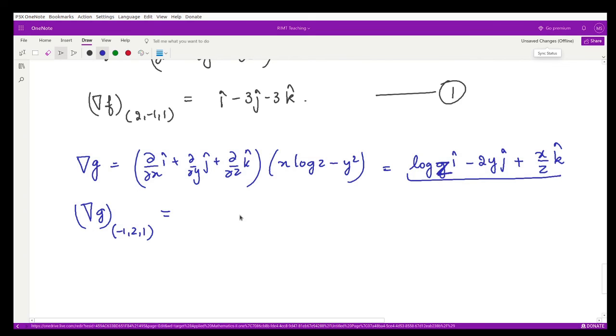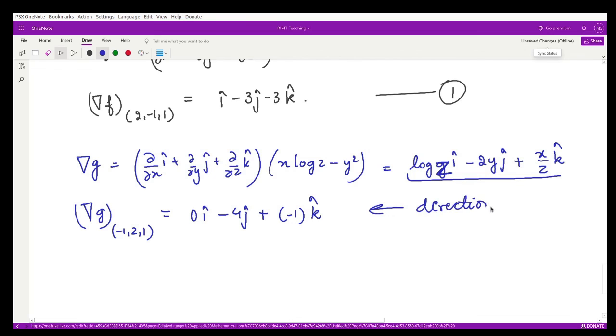So this would be equal to log of 1, that is 0, so 0 i cap, minus 2 into 2, so you have minus 4 j cap, plus the value of x, that is minus 1, and the value of z is 1, so you have minus 1 k cap. So this is the given direction.